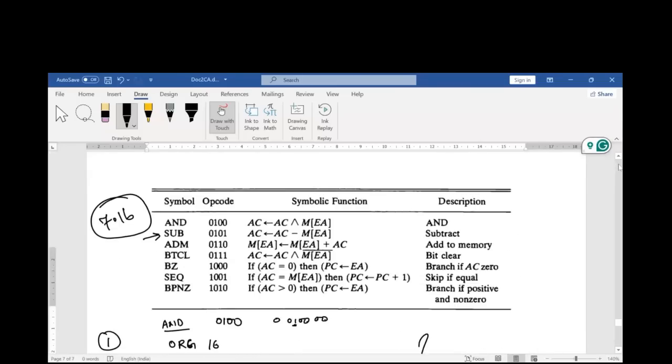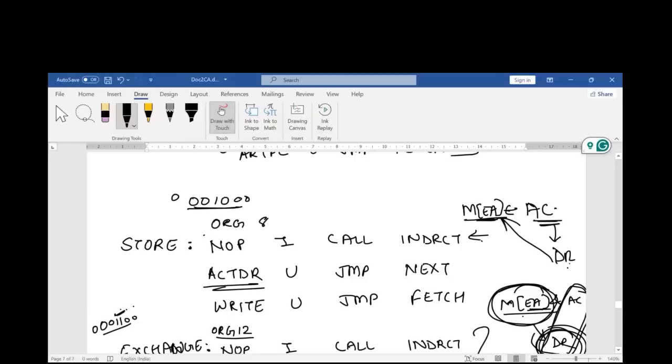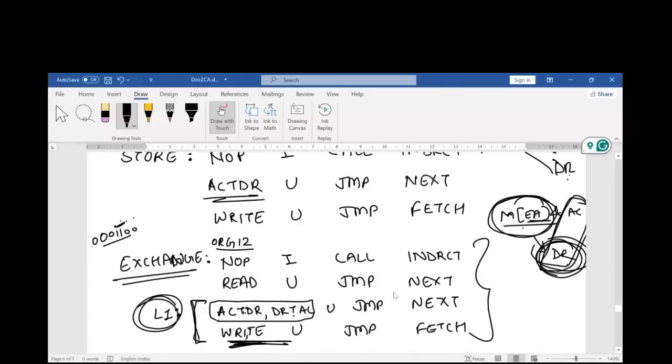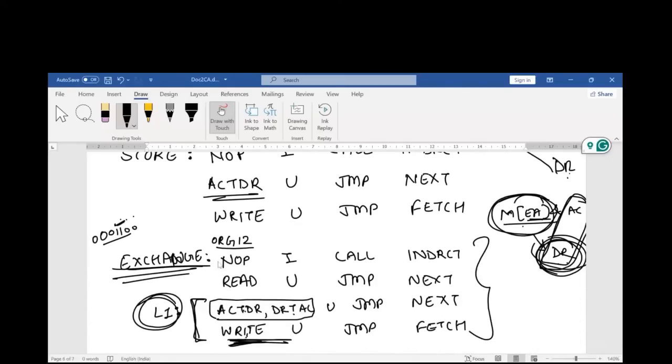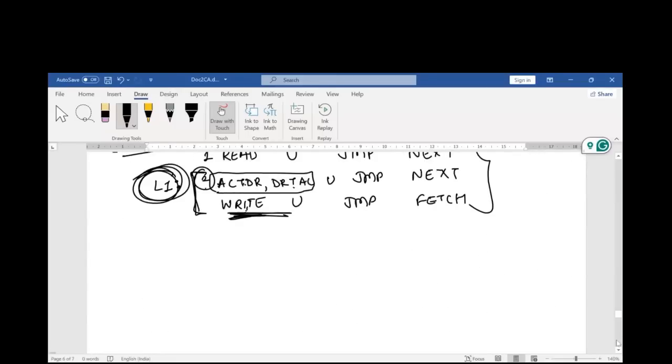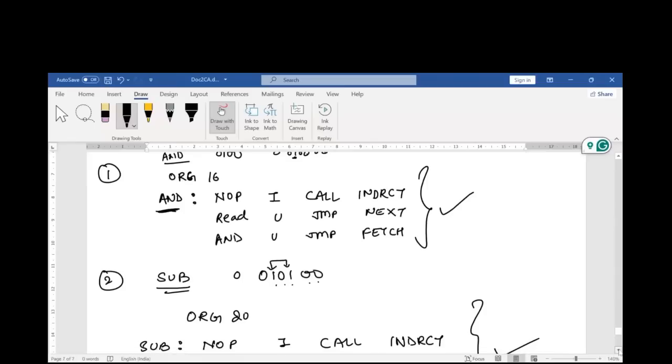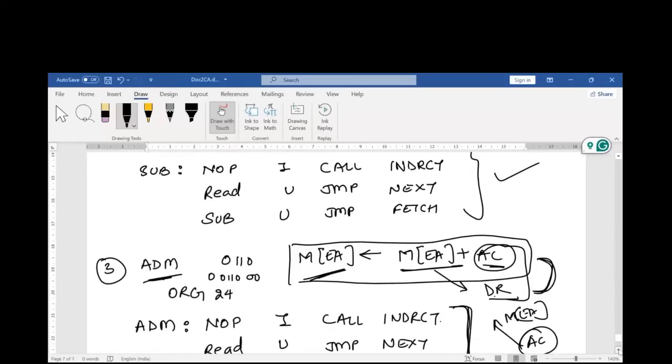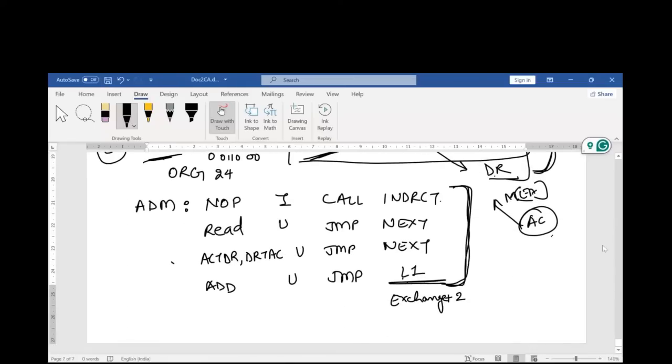Exchange is at this location, okay? Either jump to exchange plus 2, exchange plus 1 and plus 2. So jump to this location, or you can make a new label over here and jump to that particular location. So here we are not utilizing any other extra memory, but we are going to an already existing part of our microprogram. Now in this case, we were already having this exchange part over here.